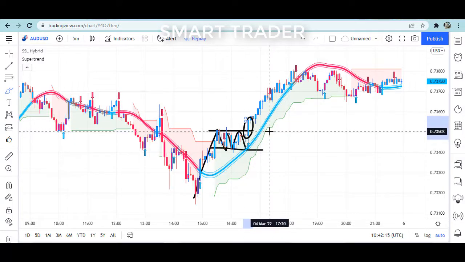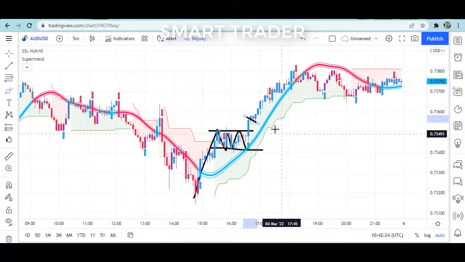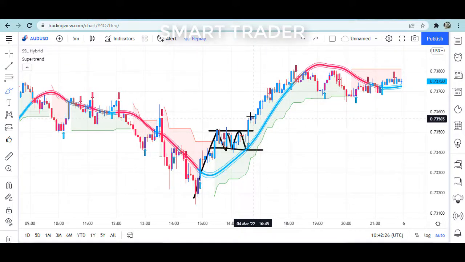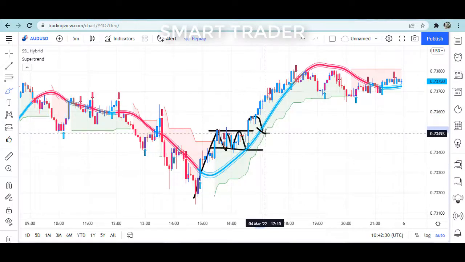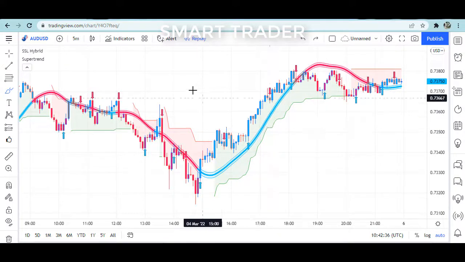There are two types of entry you can use. The first, if you're an aggressive trader, you can enter after the market breaks out of the trading range. If you are a conservative trader, you can wait for the price to pull back and you enter at the retracement. Okay, I hope you understand this.